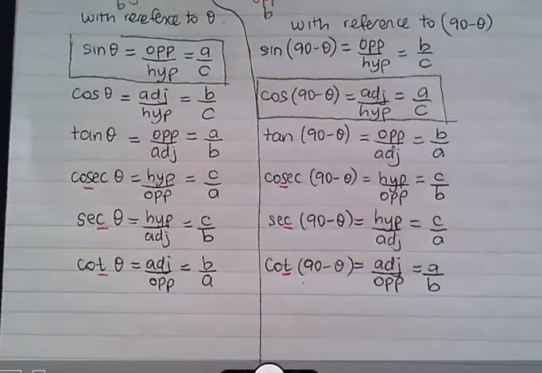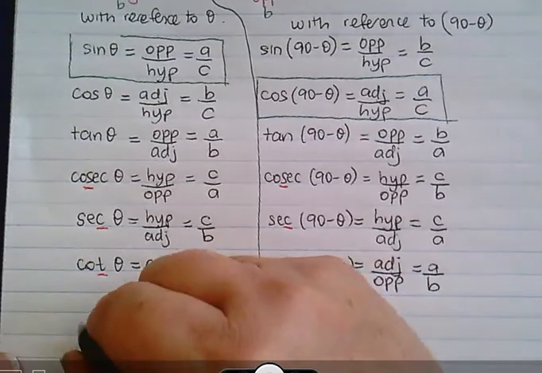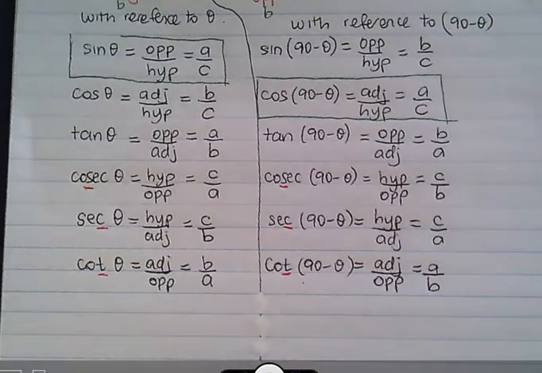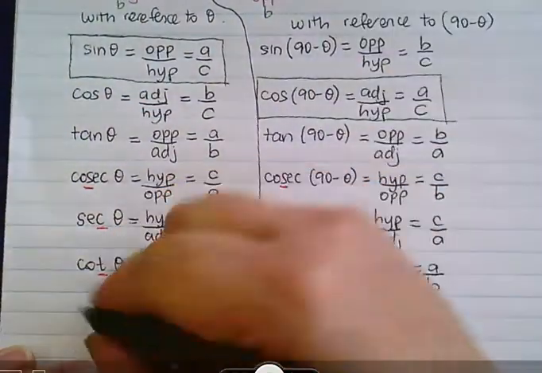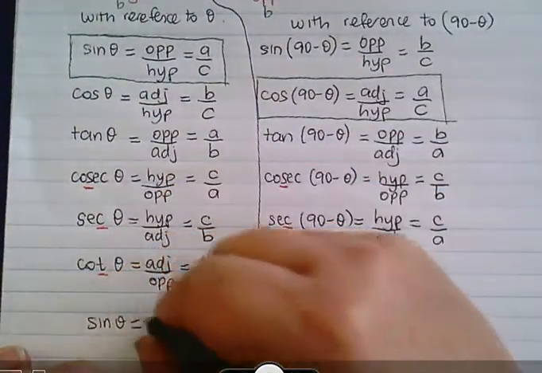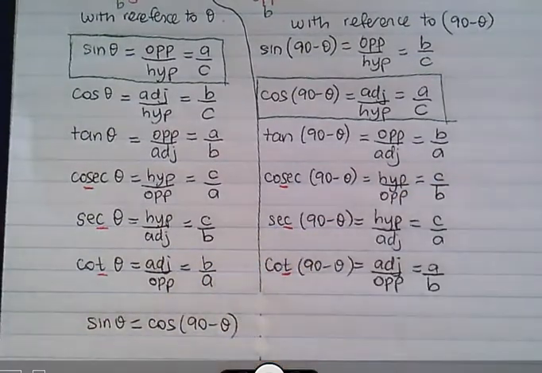Now, notice that we've got 6 combinations. We can see in green, for example, that first outlined one, that sine of theta equals cos of 90 minus theta. Now let's just work with the sine cos thing again.